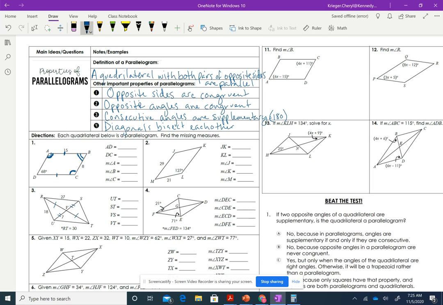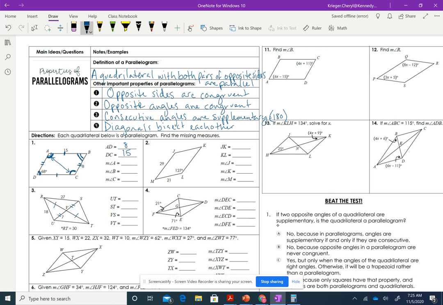Number 1 says, each quadrilateral is a parallelogram. Find the missing measures. So AD is congruent to BC, so AD is 8. DC is 15. The measure of angle A, we know that A and C are the same, because opposite angles are congruent. And then we also know that consecutive angles are supplementary.